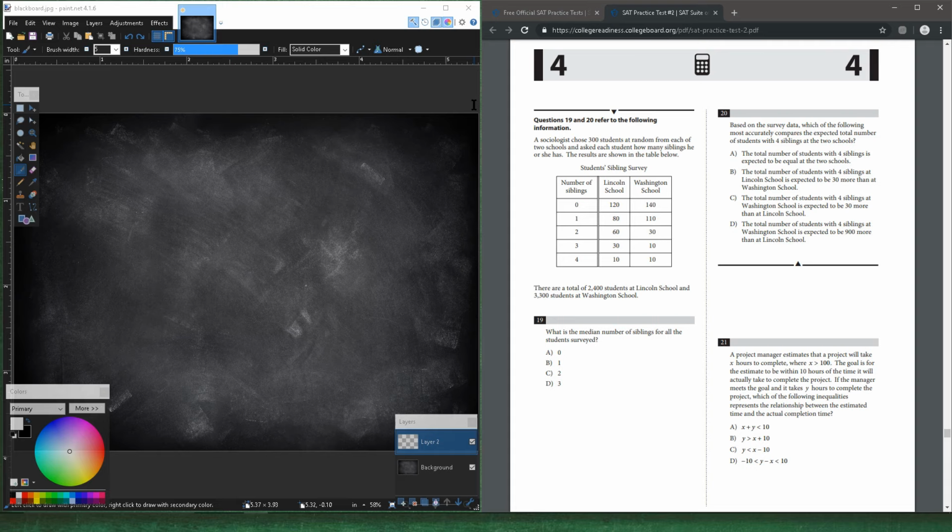So that's 2,850, and we look for that number or somewhere close to it. There's 120 kids from Lincoln Park at 0, plus 140 kids from Washington. That's 260, not close to 2,850. Then you add 80 and 110 for one sibling. That's 450 in total, which is still not close.